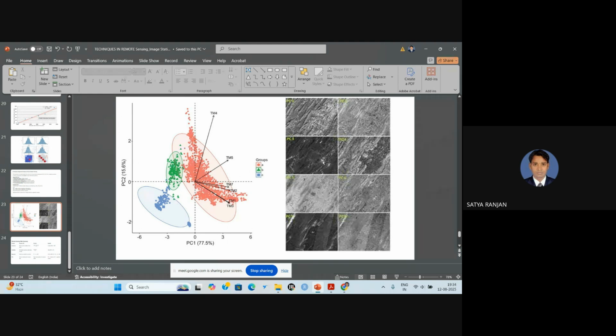This can be calculated with different dimensions. So a lot of information is extracted with the help of principal component analysis, and most of the time hyperspectral remote sensing uses principal component analysis due to the presence of a lot of spectral bands.